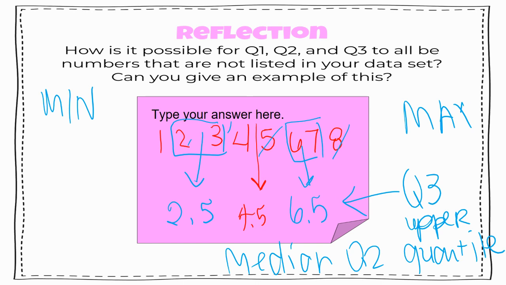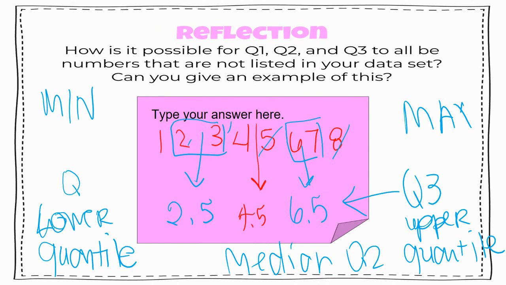And then our lower quartile, and that's quartile, because I'm not doing great writing on our screen here. Lower quartile, and that's a LOWER, contrary to what it looks like. That's going to be our Q1. Q1 is the median of the lower quartile. So in this case, it was 2.5.